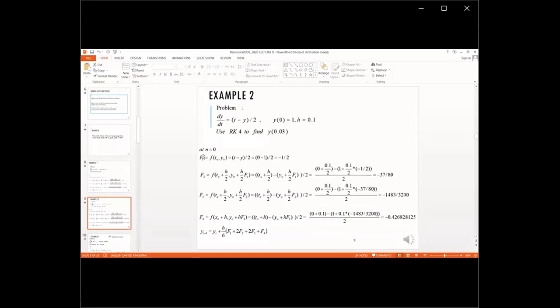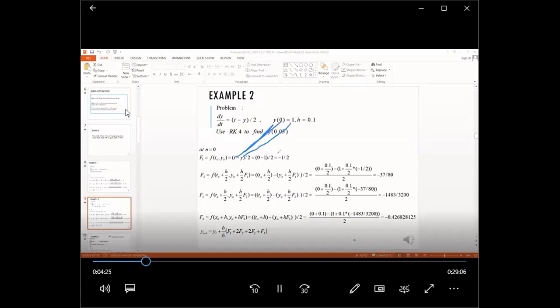So f1 is f at t naught, y naught, which is just the differential equation evaluated at the initial condition. T is 0, so we bring the value 0 in here, and y is 1, so 1 comes in place here. So we have 0 minus 1 over 2, and that will give us negative 1 over 2.